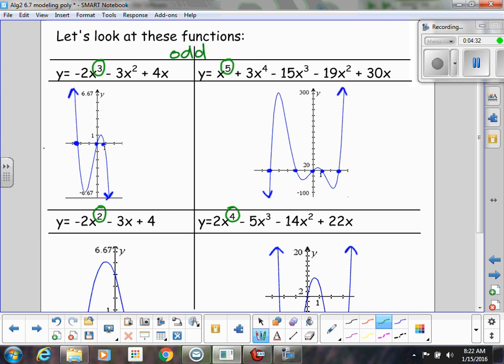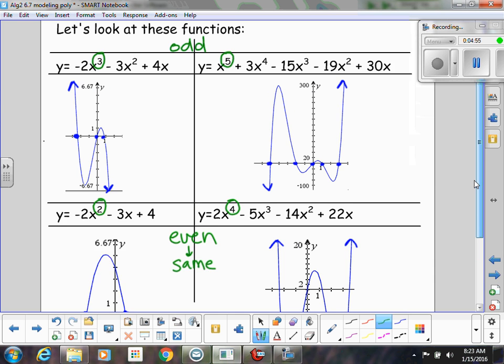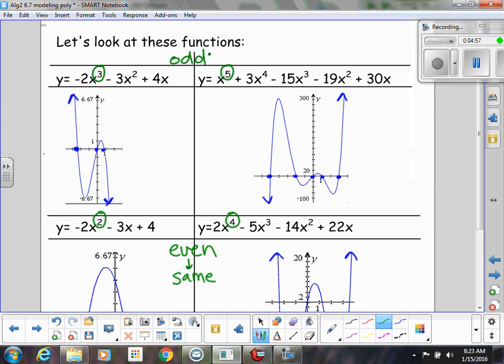And then the degrees down here on the bottom two are even. That's going to be helpful in determining whether the end behavior is going to be doing the same thing. So when they're even, they're doing the same thing. And we'll write a summary in just a minute. We'll organize all of this. And then when they're odd, the left and right will be doing the opposite.